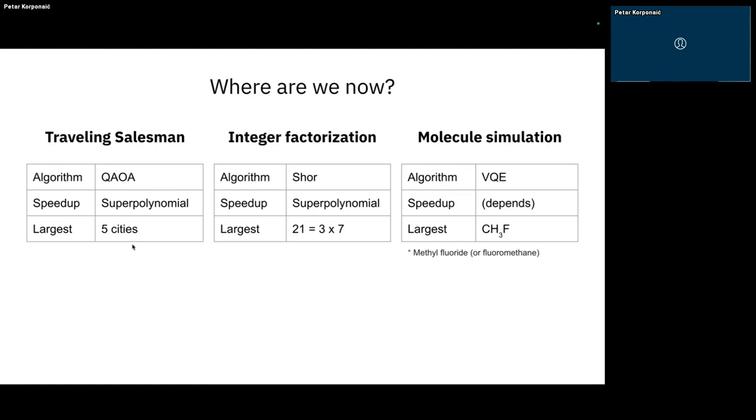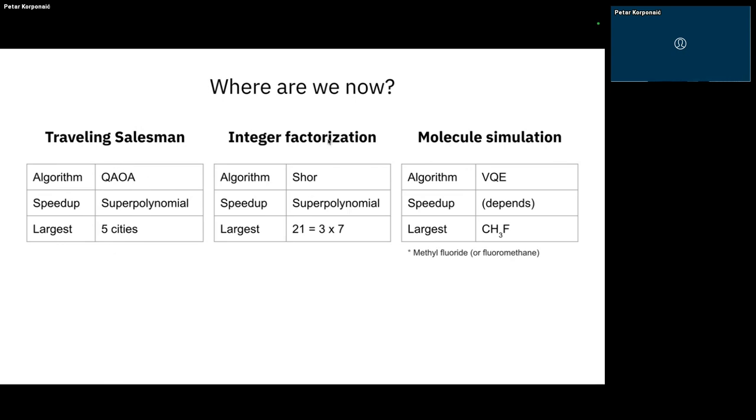But using brute force, a classical computer can handle more cities than a quantum computer. So quantum computers are not there yet to do something useful for this problem.